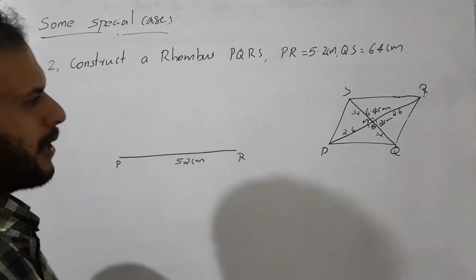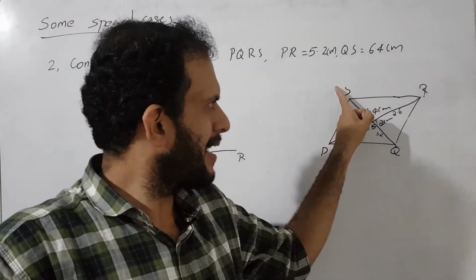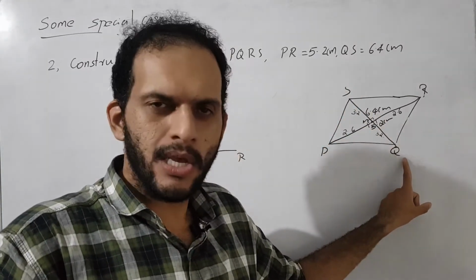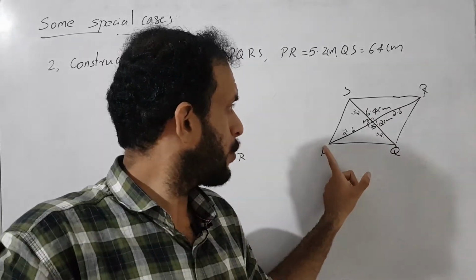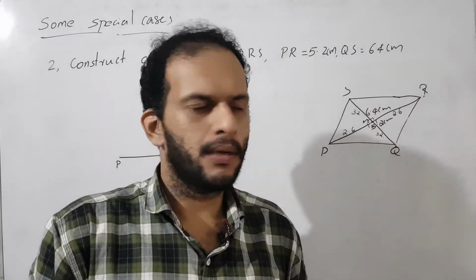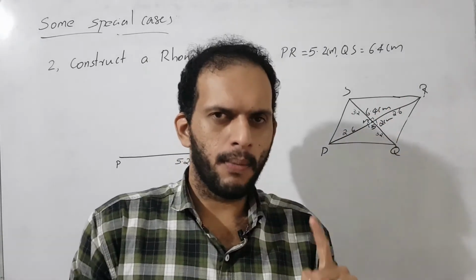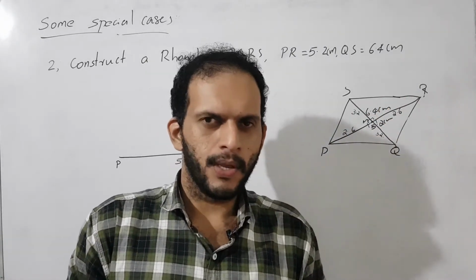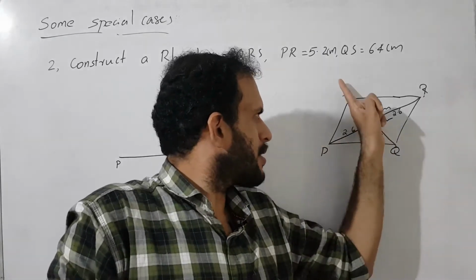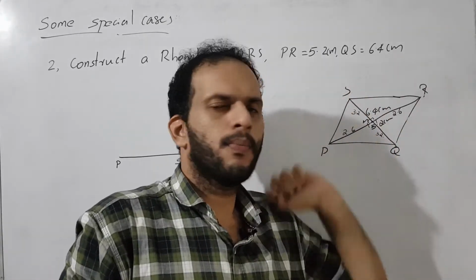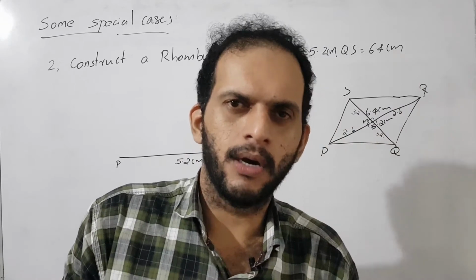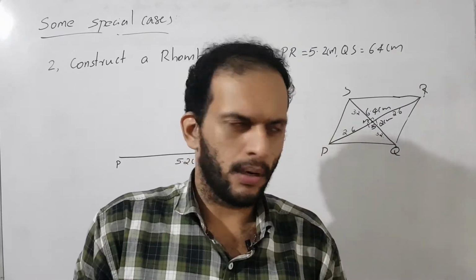Okay, then we know that the second diagonal SQ is perpendicular to the diagonal PR. അല്ലേ, നമ്മൾ പഠിച്ചിട്ടുണ്ട്, നമ്മളോട് പറഞ്ഞിട്ടുണ്ട് ഈ രണ്ട് ഡയഗണലും പെർപെൻഡിക്കുലാറുമാണ്, അതുപോലെ ബൈസെക്റ്റും ചെയ്യും എന്നാണ് പറഞ്ഞത്. So it is very clear, SQ is perpendicular to PR.